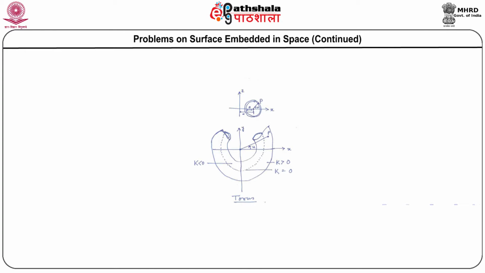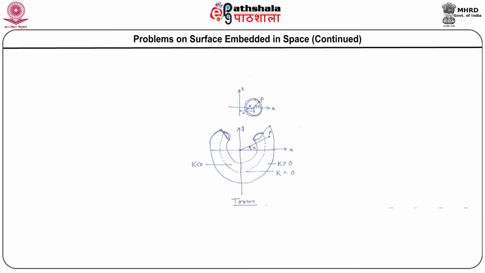Now, this one can be understood from this figure. The circle is on the xz plane and its center is alpha comma 0 and radius is c, and P is a point on the circle and v is the directed angle.